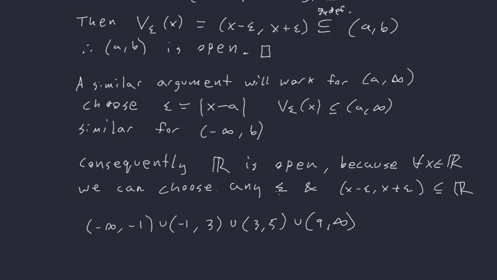Okay, all of these are open, and we're taking a union of open intervals, so does that make that open? And the short answer is yes. And instead of just doing it for this particular example, this does lead us to one of our next theorems, where we'll do this just in general and just prove it once, and then we can utilize it going forward.